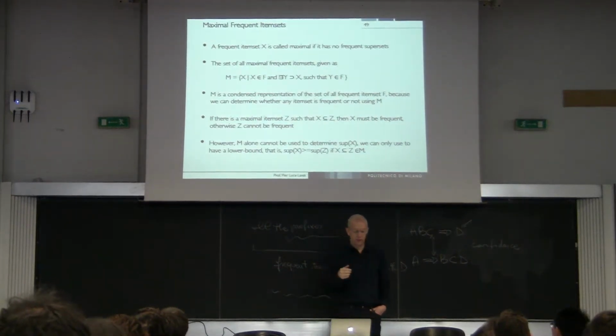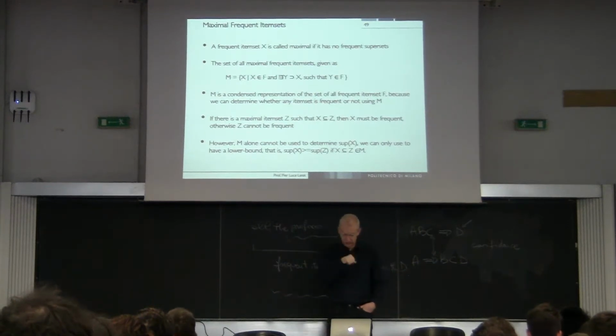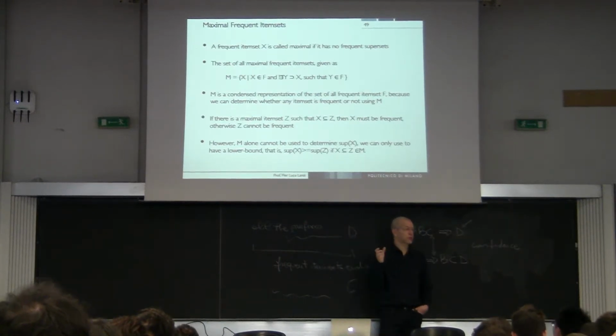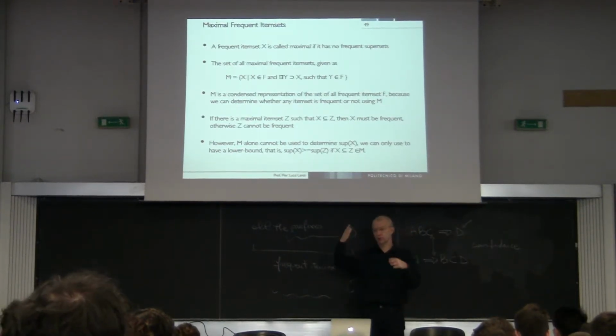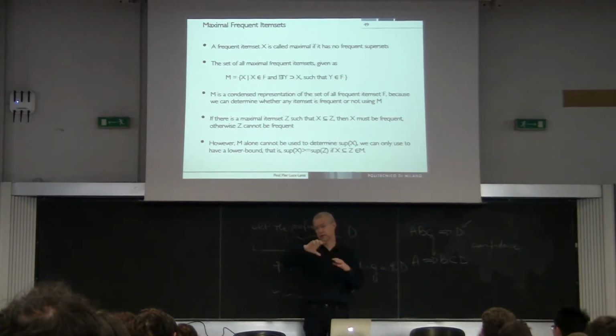Somehow you have, for instance, the maximal frequent item set. What you're looking for is an item set that has no superset that is also frequent. If you consider the tree, it is some kind of border of the search.